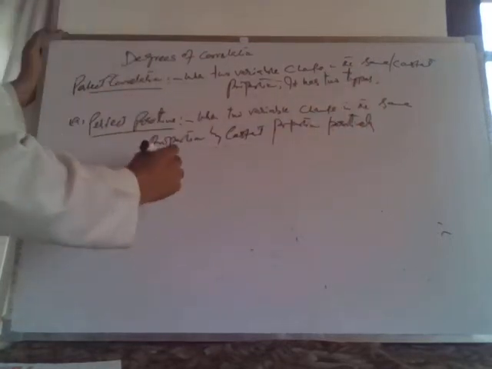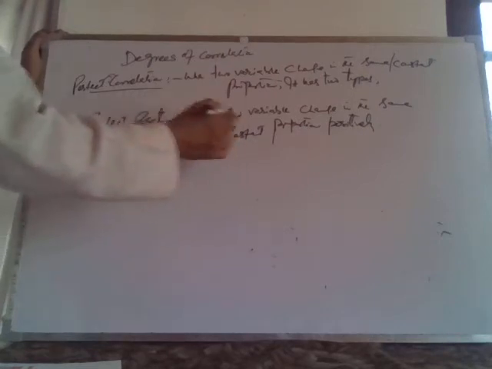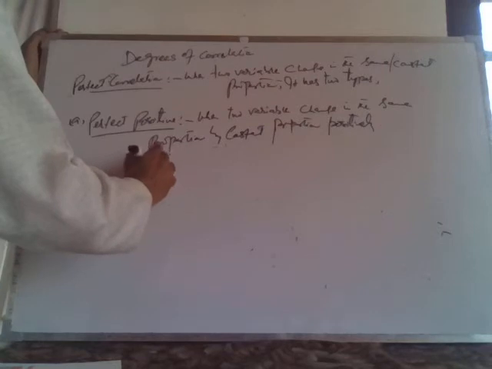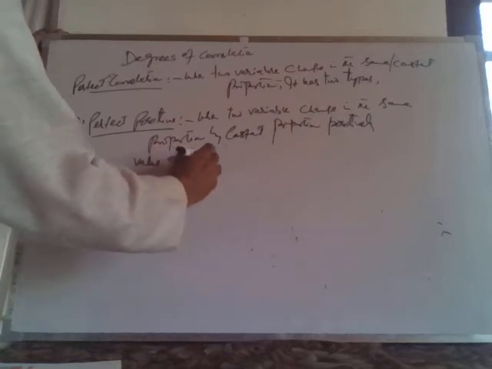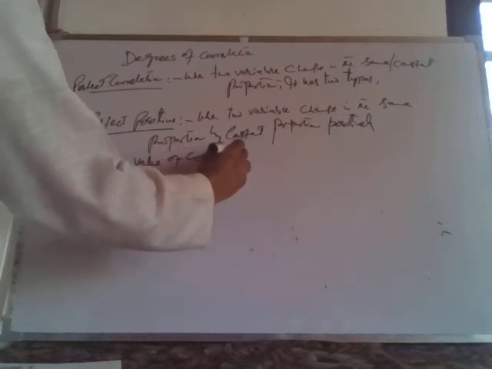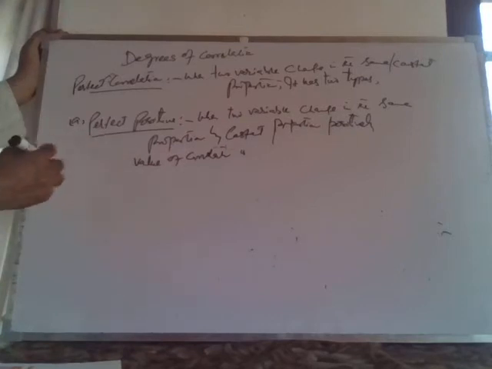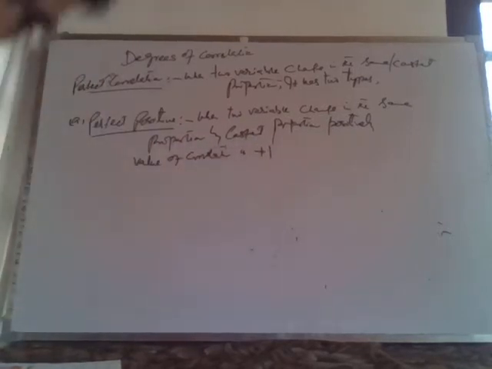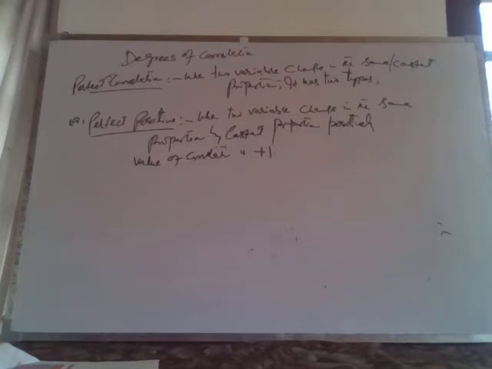At that time, this is called a perfect positive correlation, and the value of correlation is plus 1. Thus, coefficient of correlation is plus 1.